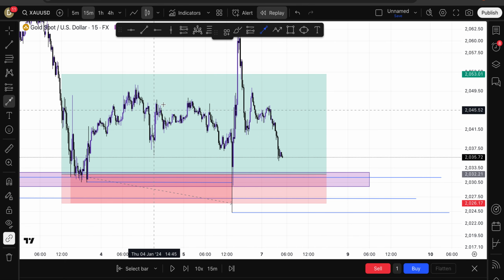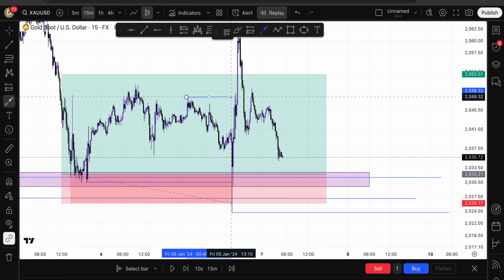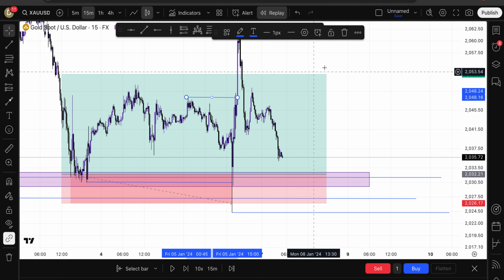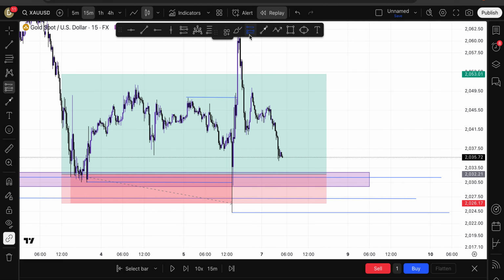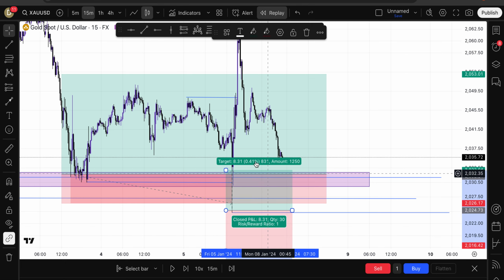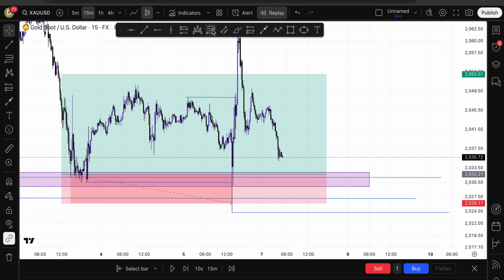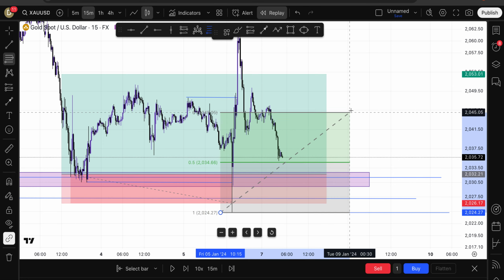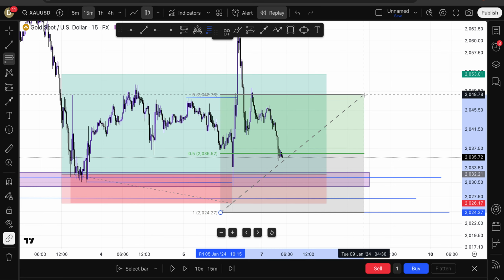Here's our break of structure. Then let's use our Fibonacci tool to know if the structural liquidity is on our 50%, because we normally use the Fibonacci tool to check that. If it's not in 50%, that means it doesn't work.